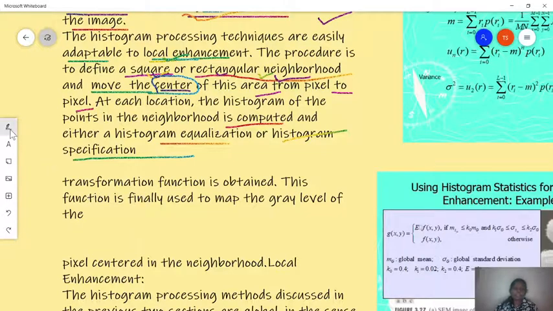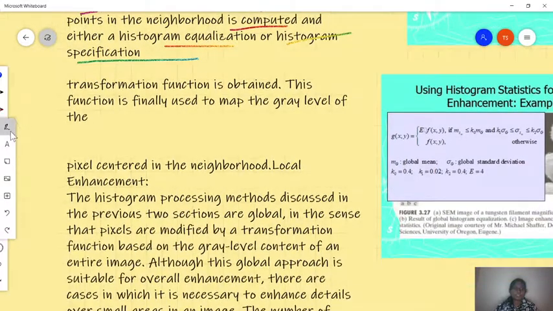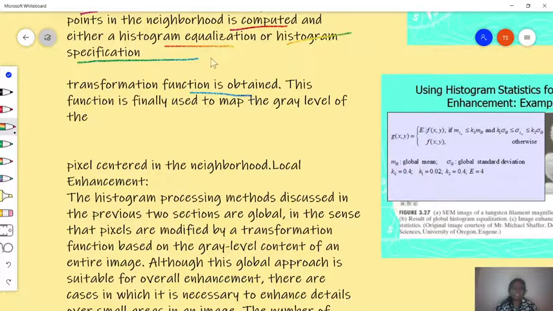Then we get a transformation function from the equalization or the histogram specification, and finally we use it to map the gray levels of the pixels which are centered in the neighborhood.